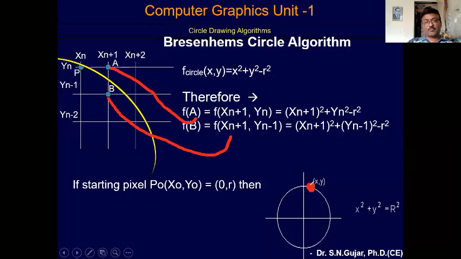I have to start somewhere, and what is my input value? The input value is the center of the circle and the radius r. So I have to consider, suppose x equals 0 and y equals r. So what does the value become? (0, r). This is my x0, y0 value.